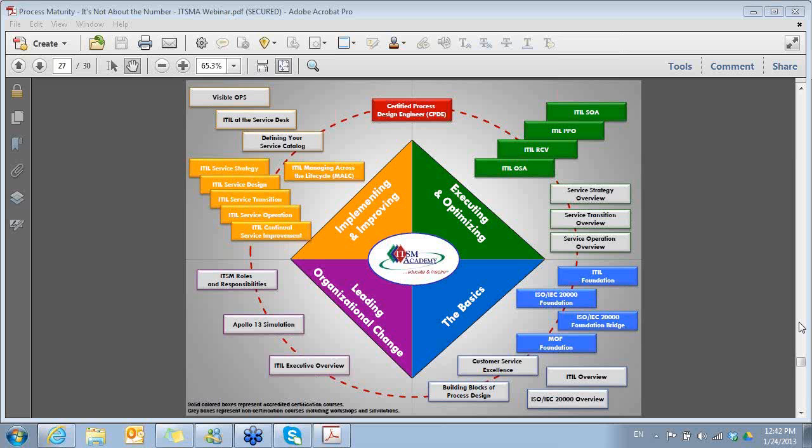They speak to maturity. I don't know that they explicitly say level 5 or level 4, but they do speak to, in order of maturity, what are the most critical processes to have in place in order to be a high-performing organization. And Gene speaks to that in his book as well.